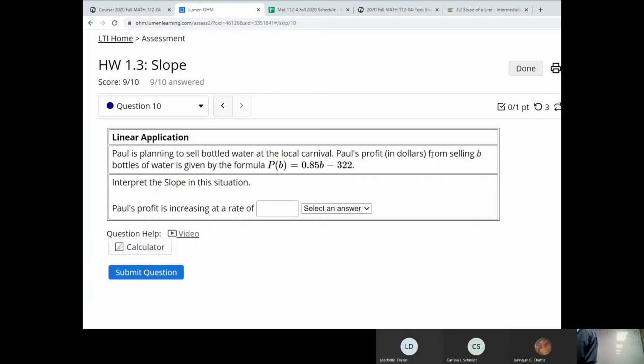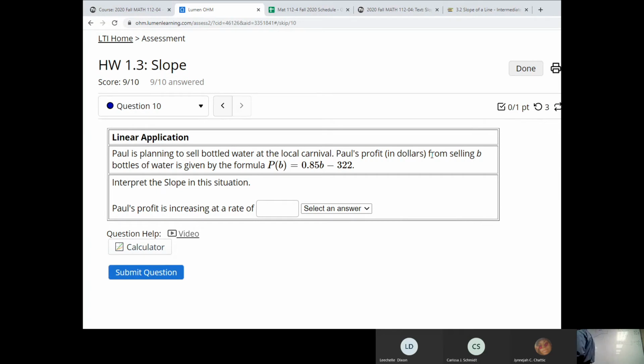So this would be like a short answer. Interpret the slope. The interpretation would be the slope represents the cost or the payment he gets from the customer as he sells each bottle. And that's flexible how you state that.